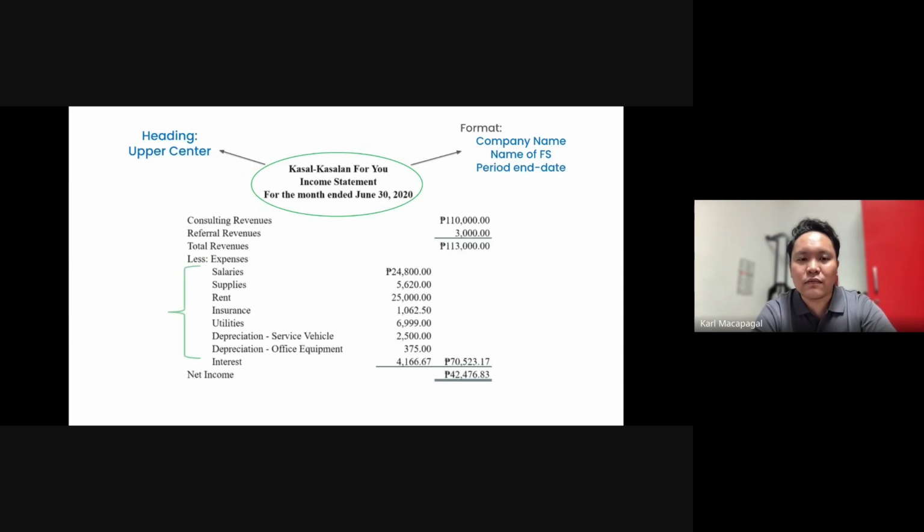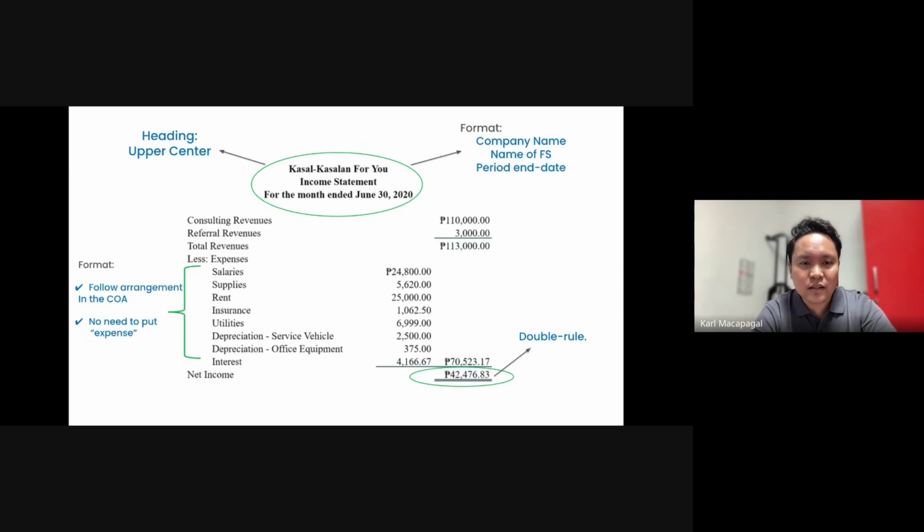Now, the following are the expenses. So we'll follow the format of the revenue less expenses. Take note that we follow the arrangement based on our chart of accounts. If the chart of accounts is not available, just follow the sequence which is given in your worksheet. No need to put expense because it is already stated on the upper portion, less expenses. Do not forget the double rule when you are done.